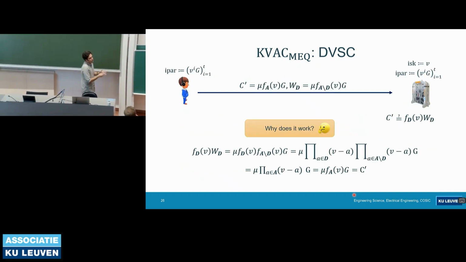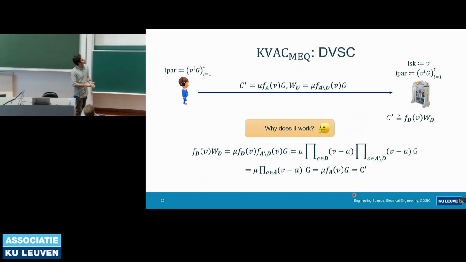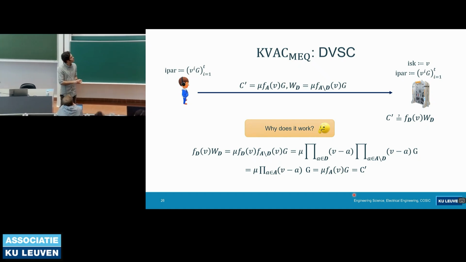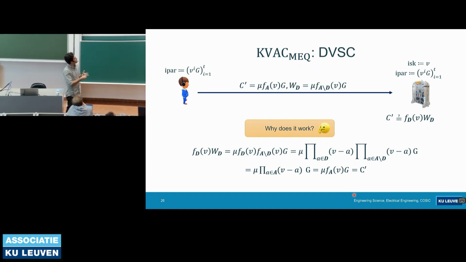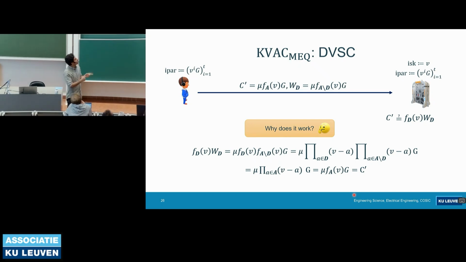And in order to open for a subset D, which is a subset of A, the only thing that you need to do is first randomize the original commitment, which would be, for example, if you use mu, it would be mu f of v for A multiplied by g, and the WD would be the open value for that, which is mu f of v for set A minus D times g.